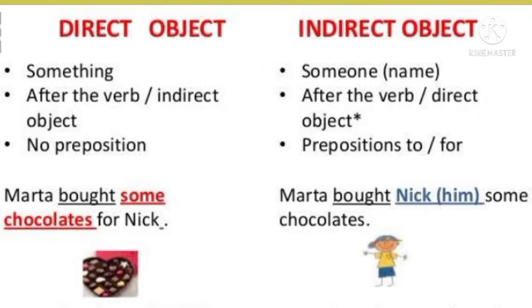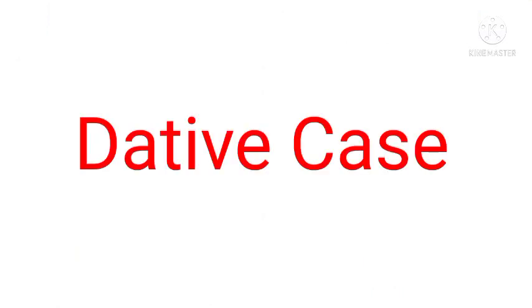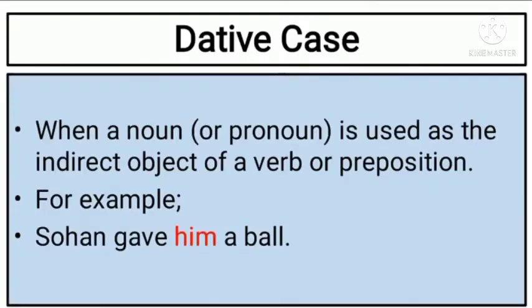So now we move to dative case. What is a dative case? A noun is said to be in dative case if it is the indirect object of a verb.